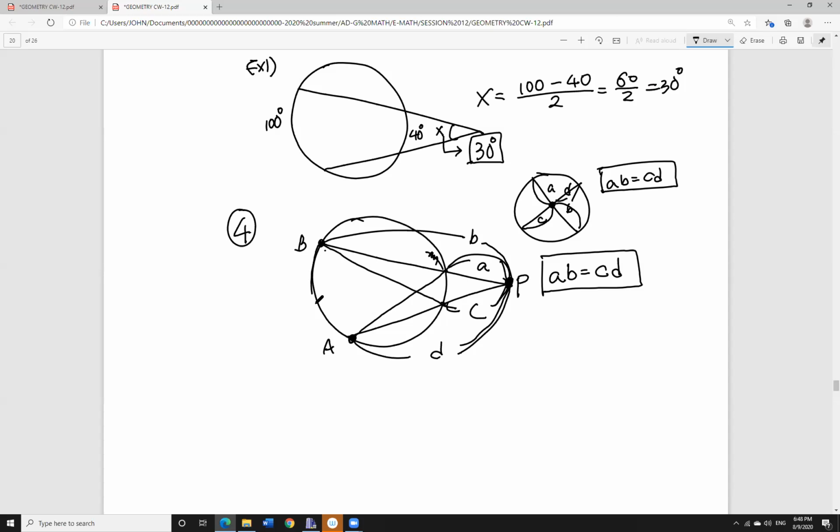From this arc AB, where is the inscribed angle? These two are inscribed angles, right? Is it okay? What about this arc? These two have what? Inscribed angles, right? Is it okay?